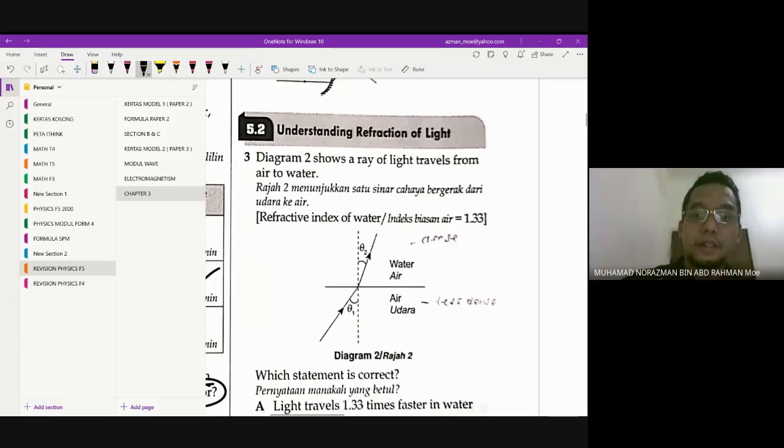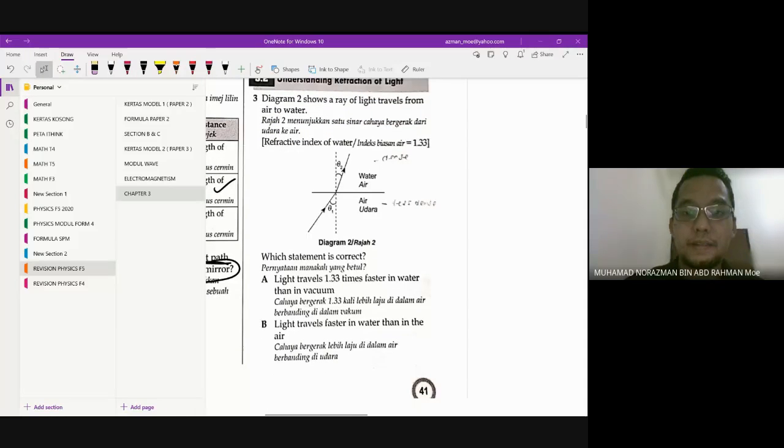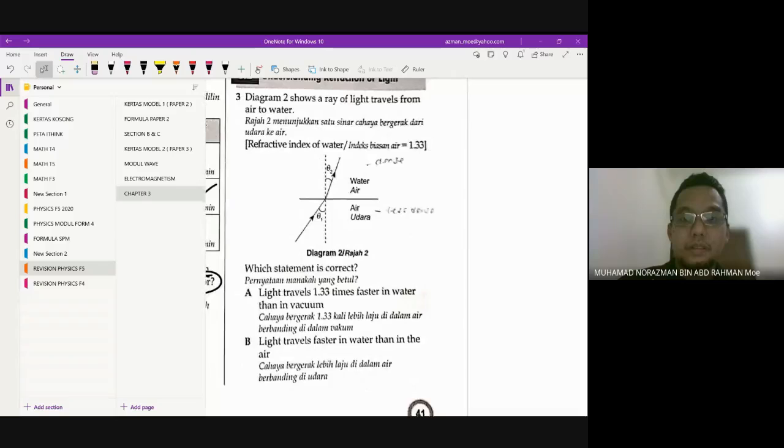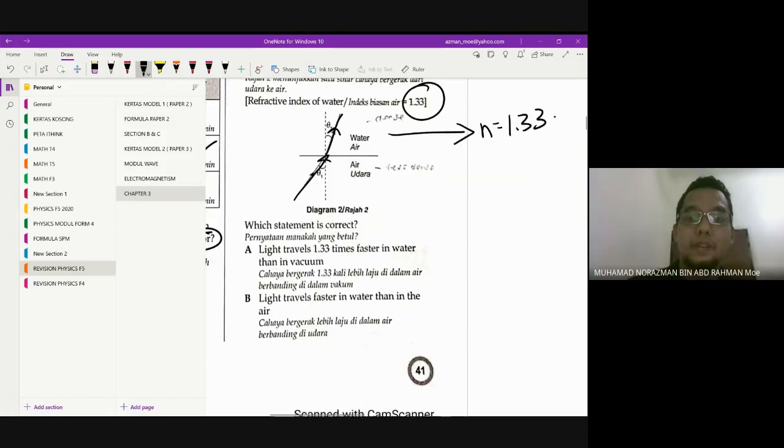Okay, number 3, understanding refraction of light. Okay, which statement is correct? So given refractive index of water 1.33. So light travel from air to water. Okay, which statement is correct?